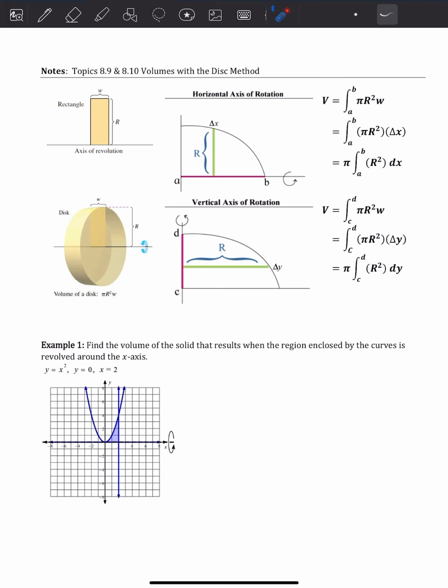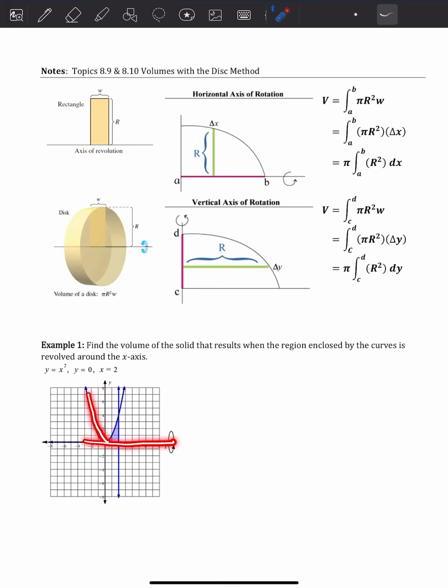This is going to cut off everything except for this shaded region. We have y equals 0, which is this right here. They're cutting that part off so that we don't have some area down here that we need to worry about.